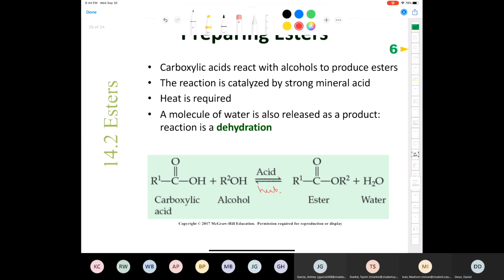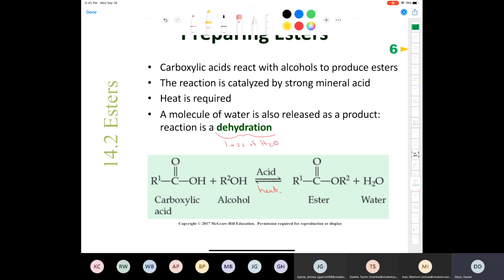A molecule of water is released as a product, and this is called a dehydration, right? And you can imagine that dehydration means what? Loss of water. So we take our carboxylic acid plus our alcohol, we heat it up with acid, and we end up forming an ester, and we lose water.